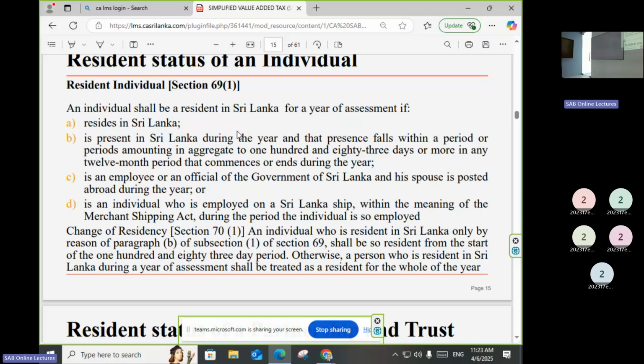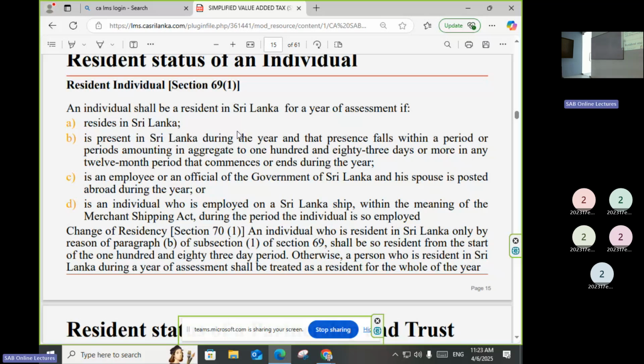So if somebody is physically present in Sri Lanka for more than 180 days in any 12-month period, it doesn't have to be the year of assessment. It says any 12-month period. So that person shall be considered a resident person for Sri Lanka income tax. That is as per the tax law.